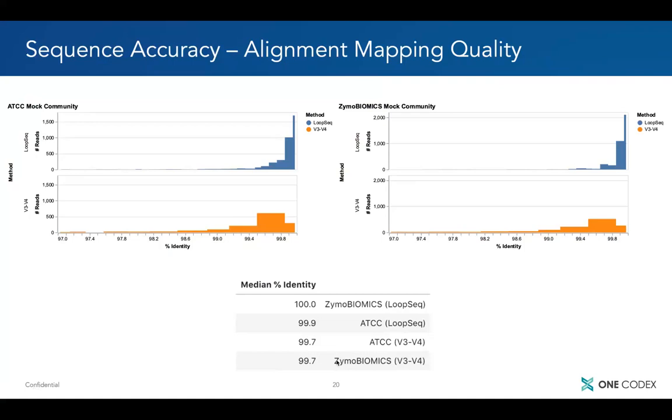And for those who are less familiar with some of the nuances of 16S data analysis, you might say 99.7%, that sounds really accurate, and it is. But the challenge is that the 16S gene is so conserved that those errors often look like actual variants. And so a base mismatch at one position in the 16S gene might lead you to say that your Bacteroides ovatus is Bacteroides something else.